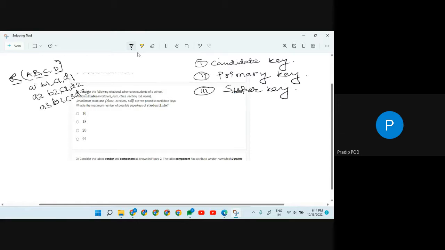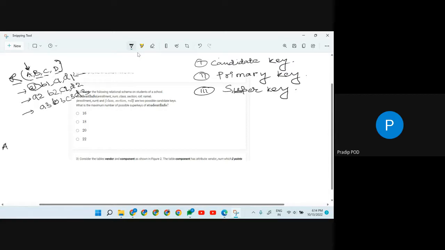Suppose I take this particular attribute A. Can you tell me if I choose A, is it able to identify each tuple uniquely or not? If I take A1 and search for A1, this is the unique tuple.